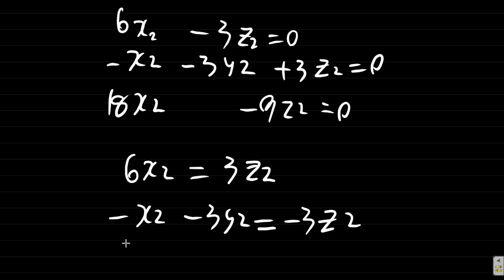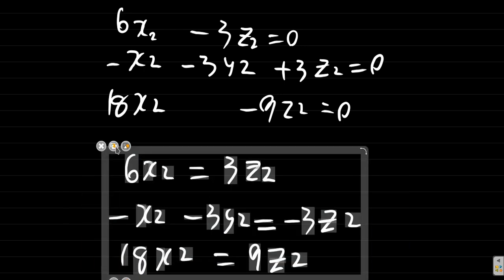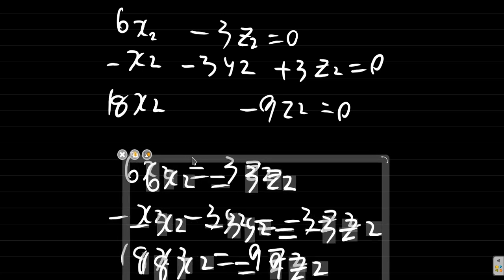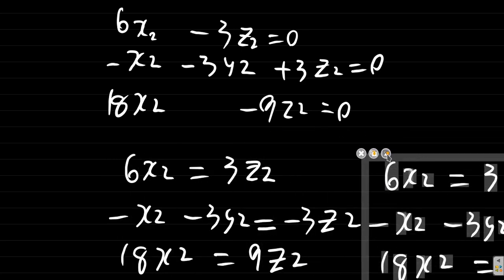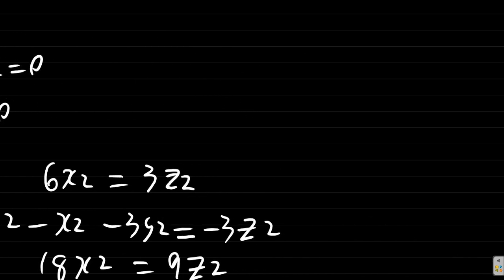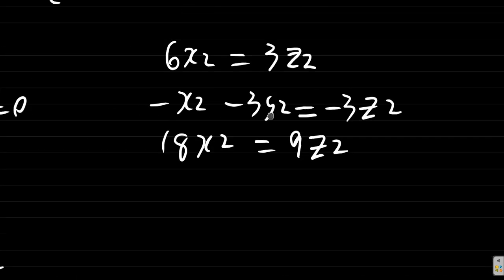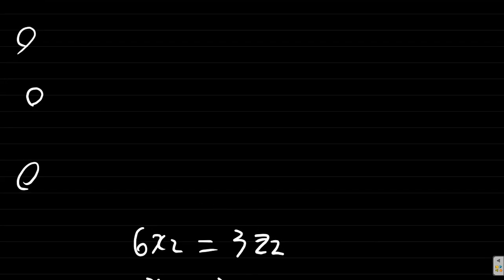Then you have 18x2 equals 9z2. Alright, so let's work with these and see what happens. Let me just copy this, move it to one side, and combine them, and work on this.